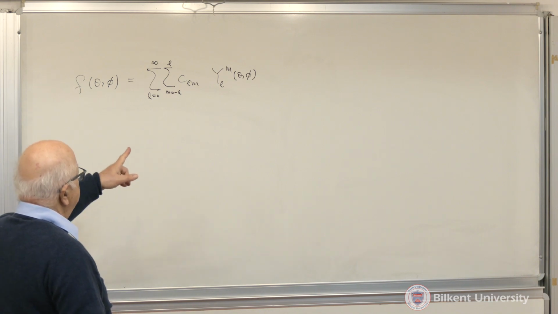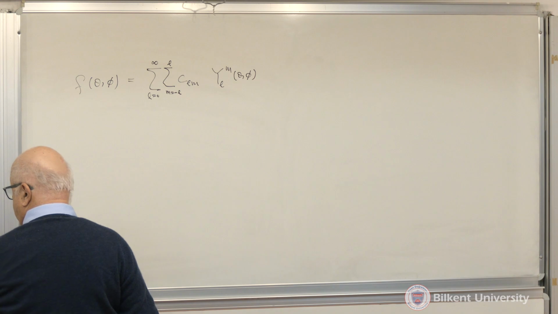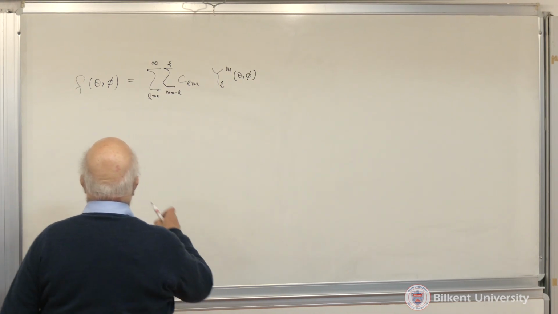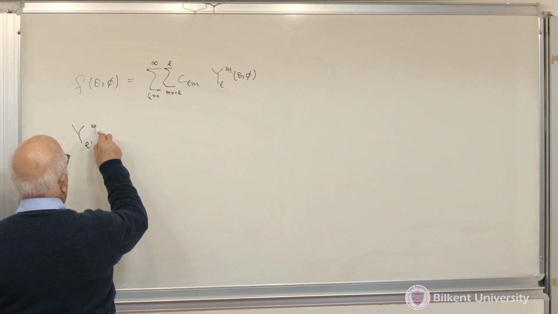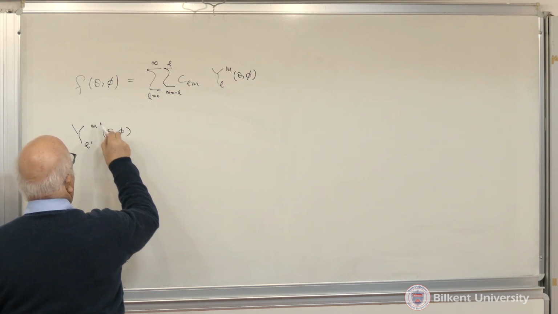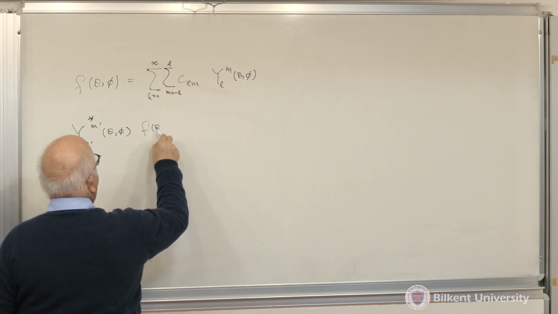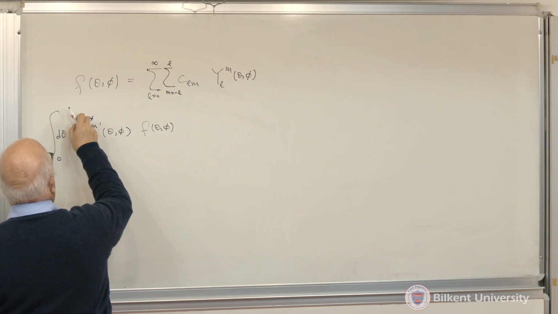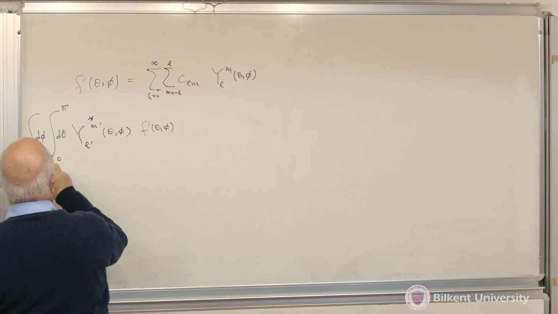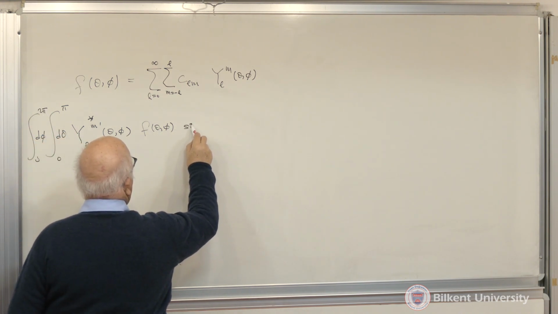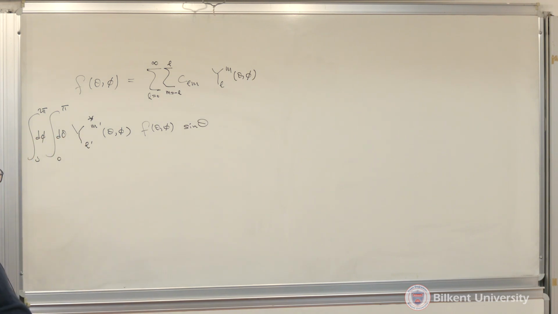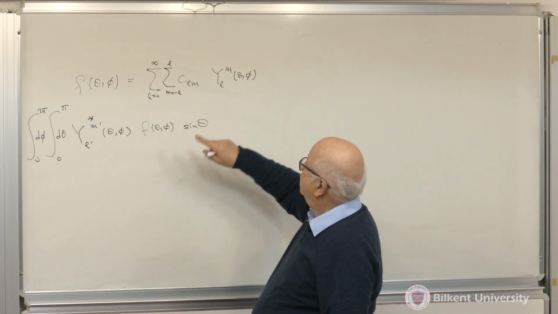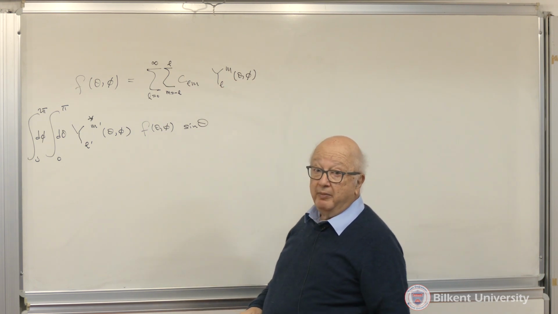How do I determine these Clm? Well, orthogonality tells me that if I just multiply both sides of the equation by the complex conjugate of some YL'm' of theta and phi, and integrate over all angles, so d theta is from 0 to pi, and d phi is from 0 to 2 pi, and I need a sine theta to get the proper angular differential element, then this is going to give me a Kronecker delta for L equal to L prime and m equal to m prime on the right-hand side.